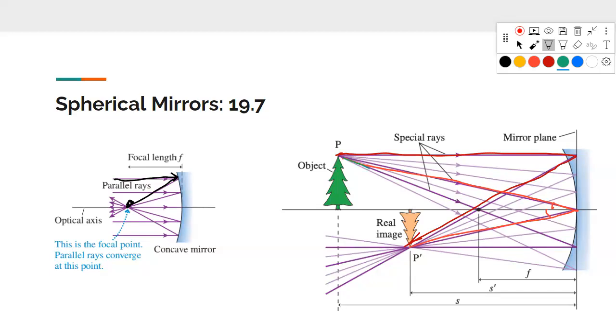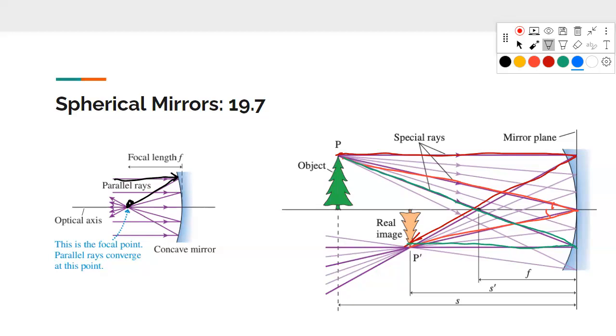And then finally, we have the ray that goes from the top of the object, passes through the focal point, bounces off the mirror, and that ray will come out parallel. Right, so if it starts parallel, it'll go through the focal point, and if it starts going through the focal point, it'll come out parallel. That's the most important idea. And then whatever happens in the middle, that center point of the mirror, it's just as if the mirror is flat in that location, right?